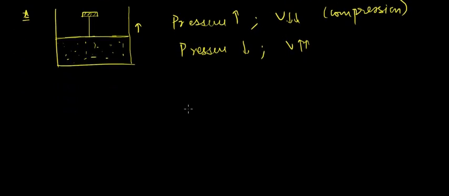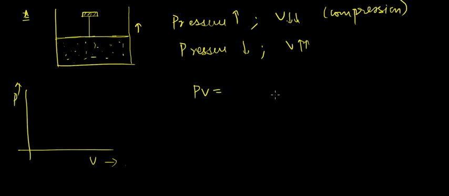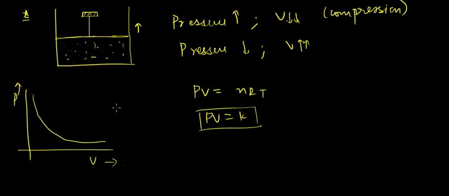Okay, so let's discuss more graphs on pressure and volume when we have constant temperature. When we have constant temperature and constant number of moles, then PV equals nRT, or PV is some constant K. As PV is some constant K and V is inversely proportional to P, the nature of the graph would be something like this.